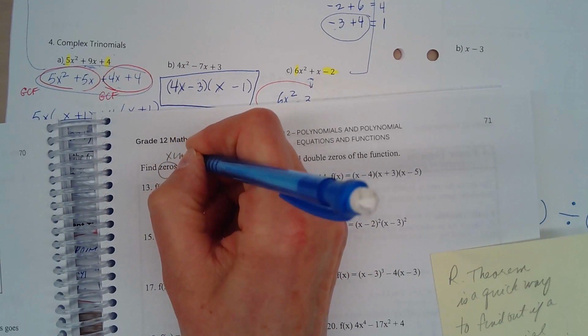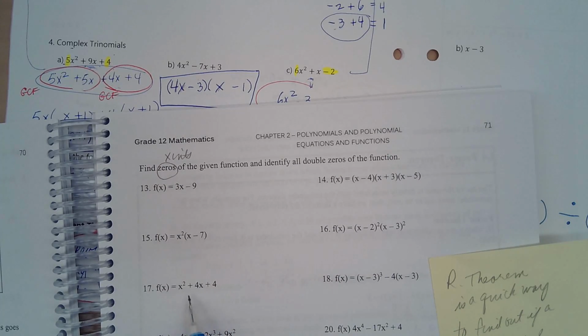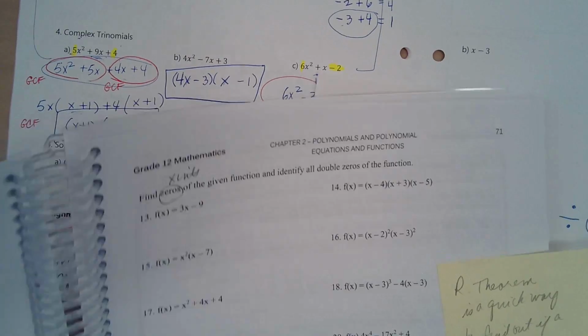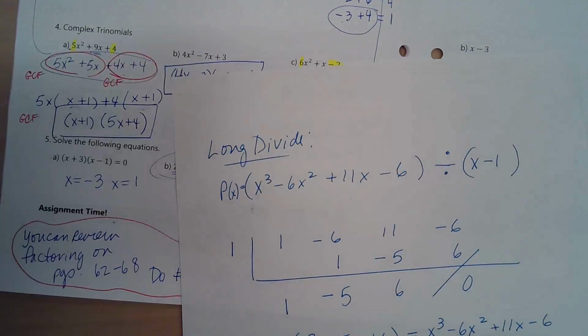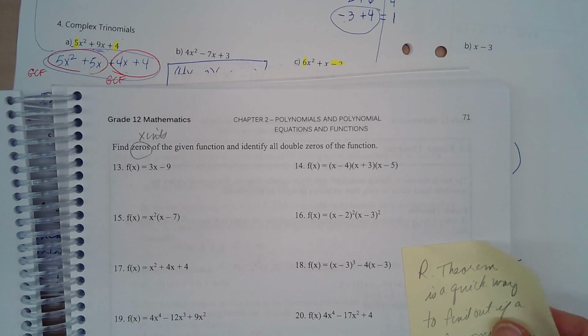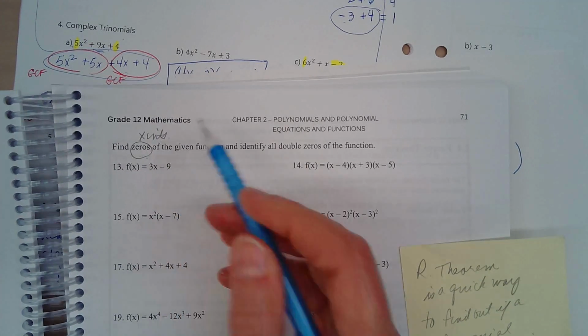So definitely you have to factor some of them, but some of them looks like they've been factored for you. So you're just solving for x. Zeros and x-intercepts are the same thing.